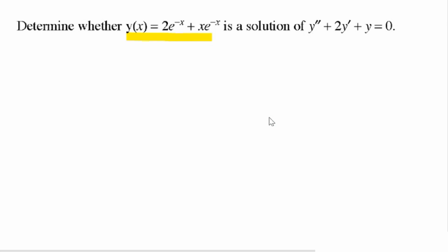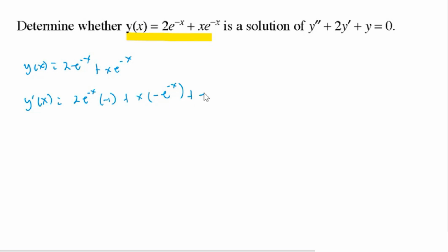Differentiating now the given y of x equal to 2e raised to negative x plus xe to the power of negative x, taking the first derivative, y prime of x is equal to 2e raised to negative x, and the derivative of e raised to negative x is negative 1, plus, this is a product rule, x times the derivative of e raised to negative x, which is negative e to the power of negative x, plus e raised to the power of negative x times the derivative of x, which is 1.